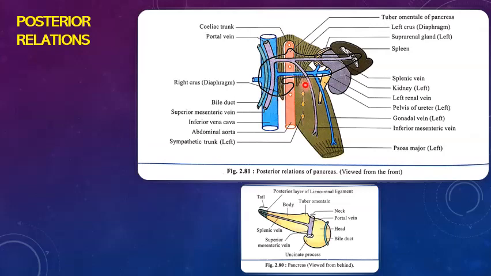This chain you are seeing is the sympathetic trunk on the left side. Similarly, there will be a sympathetic trunk on the right side also. And that sympathetic trunk intervenes between the head of the pancreas and the inferior vena cava.